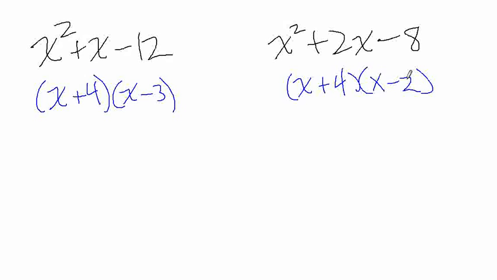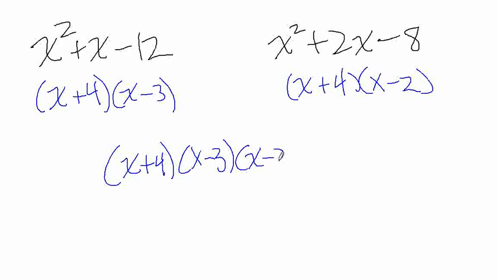Okay, so just like before, we're going to find a new product that contains all the pieces of the two blue products. So we need x plus 4, we need x minus 3, and we need x minus 2. That includes all the pieces.